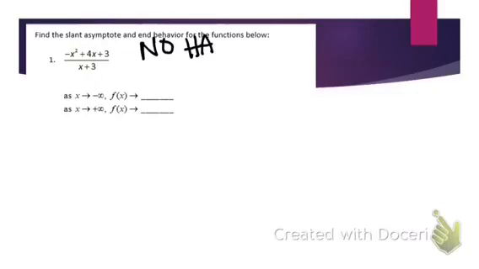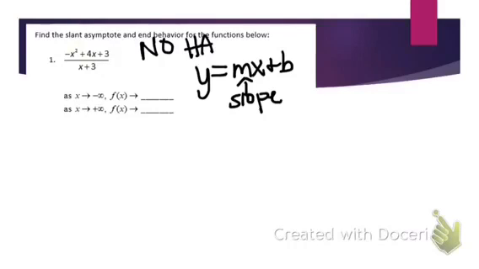The only way to find the slant is to do long division. And again, the slant is going to end up becoming a linear line in the format y equals mx plus b, where m is my slope. That is important.